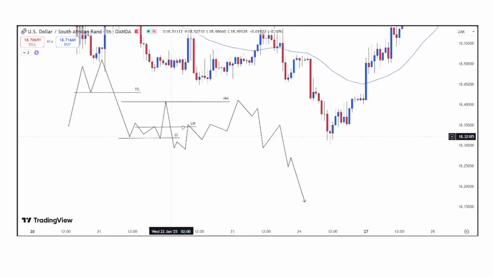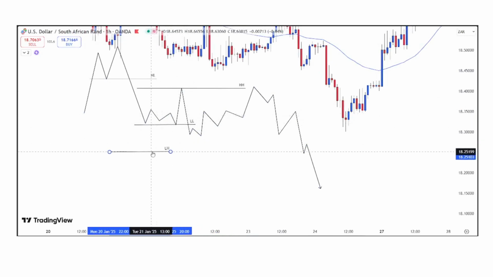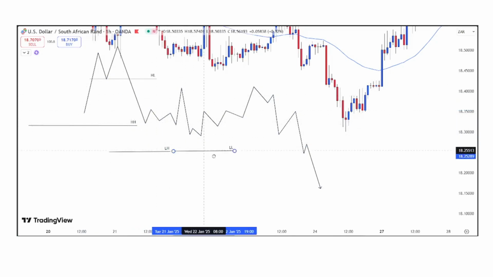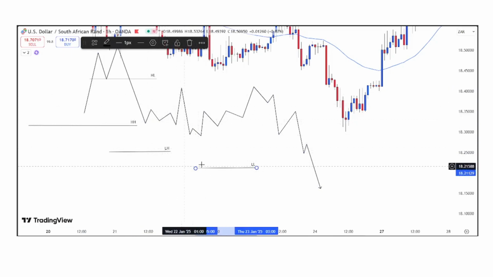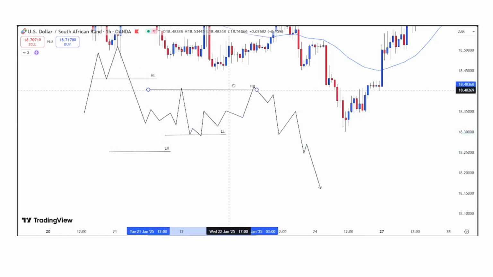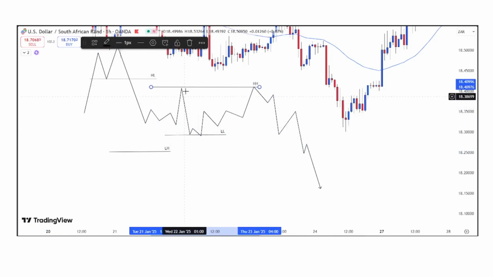Now we are waiting for our higher low, right? Price breaks up, we went for a new higher high, have a higher low there. Price came all the way back, boom, broke there, and this has now become your lower low. So we had a higher high and now a lower low. So boom, boom.